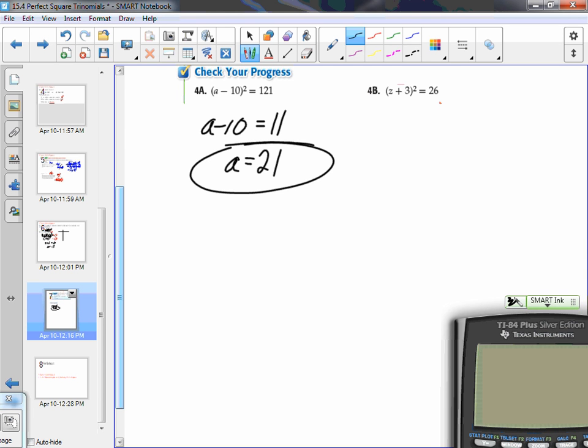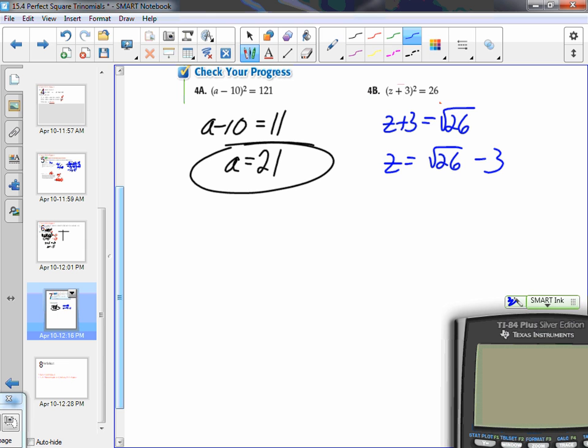Okay. Do 4b using that technique. Do you want to punch that in on a calculator?